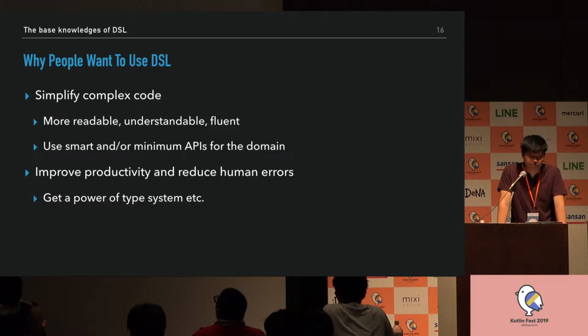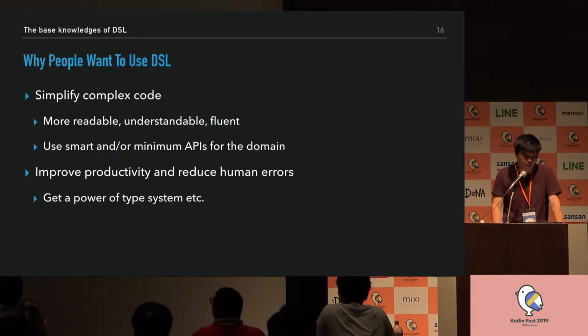DSL allows human readable names, domain knowledgeable names, and fluent style while writing code. And also, DSL often provides a clear and useful API for the domain, and or only required APIs for the domain.